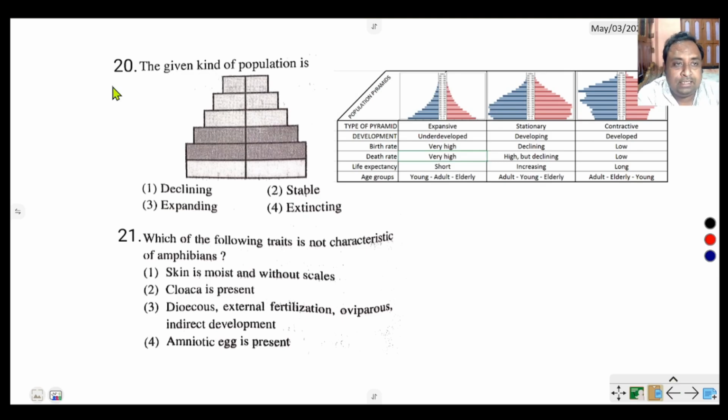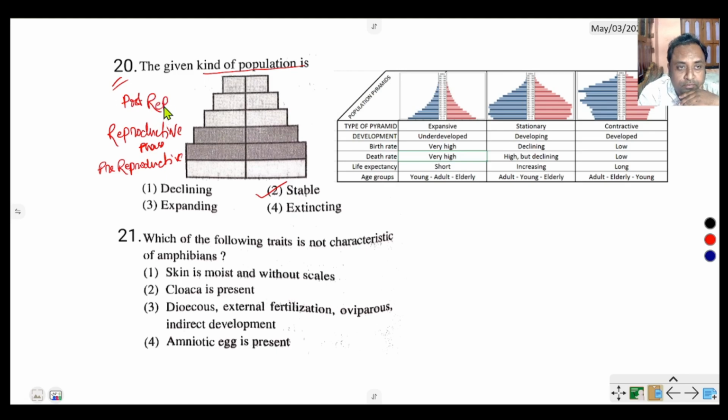Question number 20 says the given kind of population is declining, expanding, stable or extinct. That is a stable type of population. Here the pre-reproductive phase, reproductive phase and post-reproductive phase.